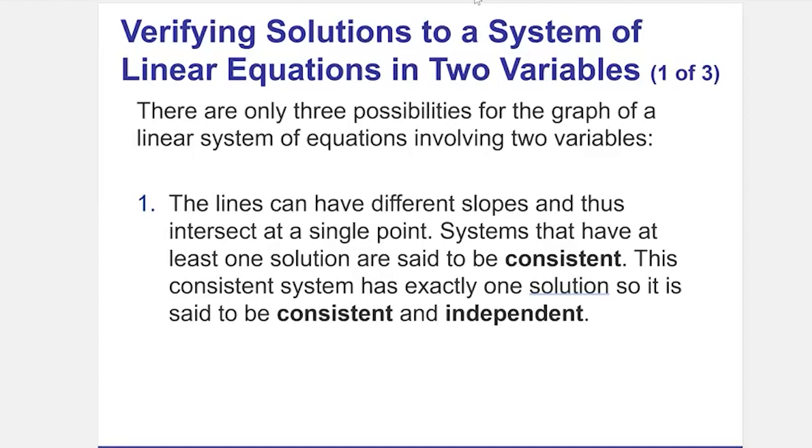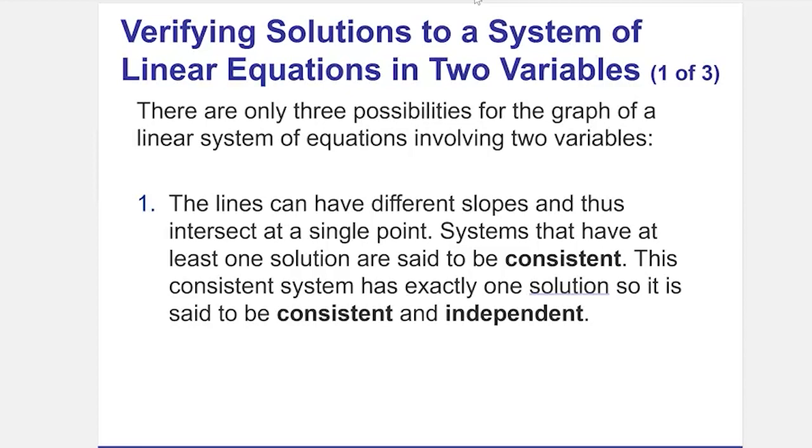So verifying solutions to a system of linear equations. There's only three possibilities for the graphs. Okay, we're going to get to it right now. So if you were to graph any linear equation, what a linear equation basically means is that it graphs to a line, okay? So there's only three possibilities.